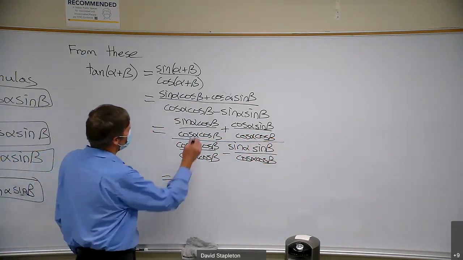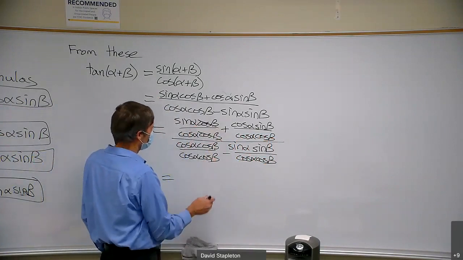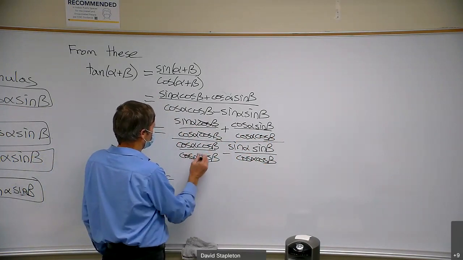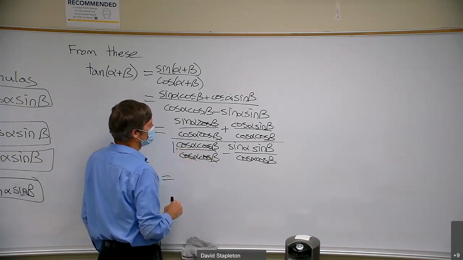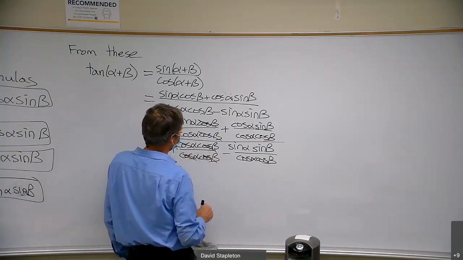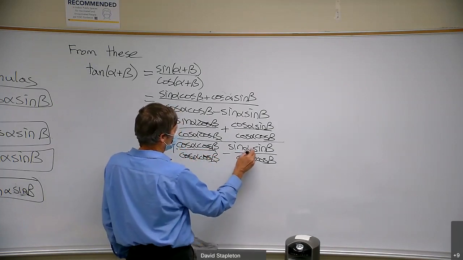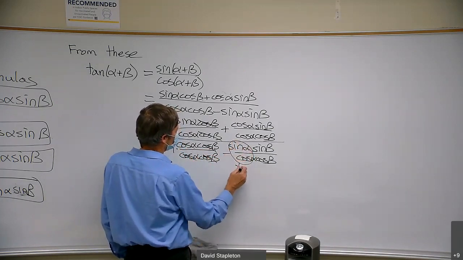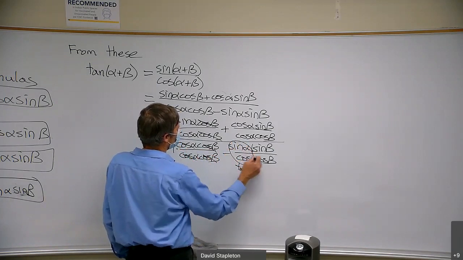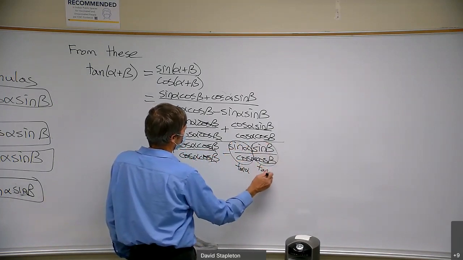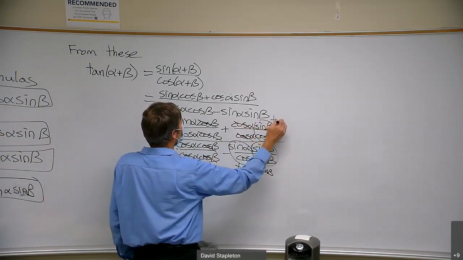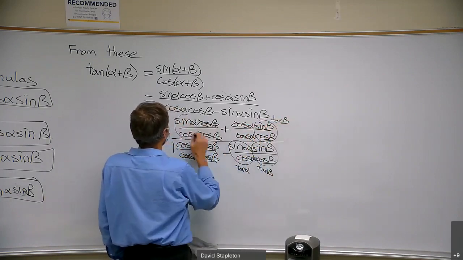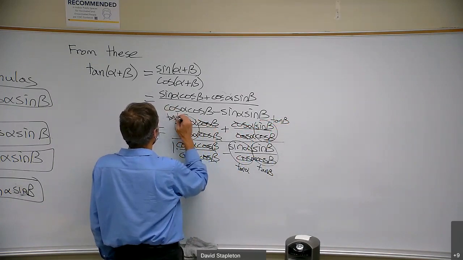Now look, these cosine betas cancel. These cancel, all of them. You can think of this as just one. Here I've got tangent alpha. Here I've got tangent beta. These cancel. This becomes tangent beta. This becomes tangent alpha.